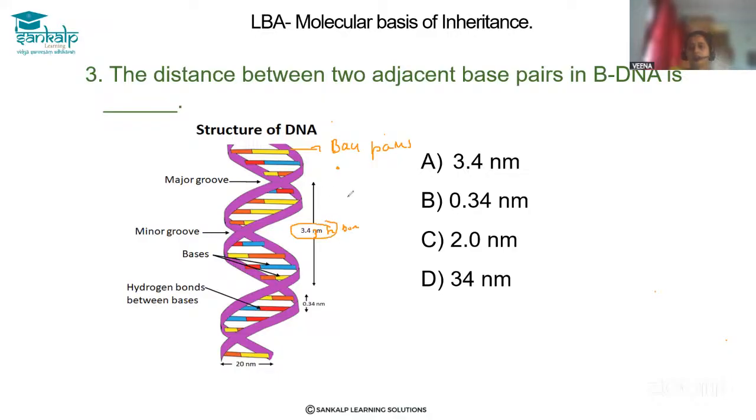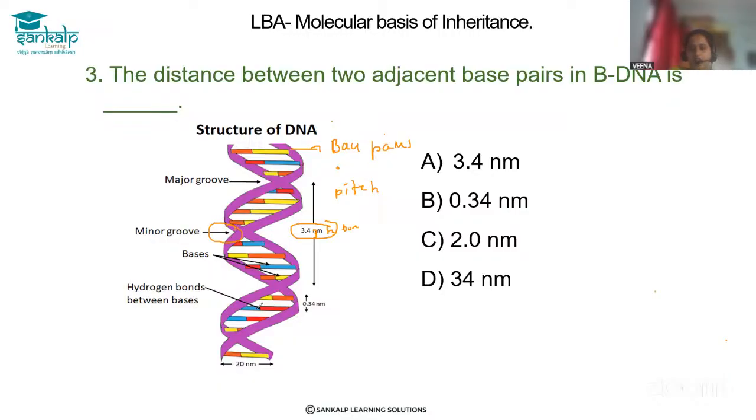And here if you observe, 3.4 nanometer, that is called the pitch. This is called pitch. The distance of pitch will be 3.4 nanometer. And if you observe here, this one is called major groove, and this region is called minor groove.